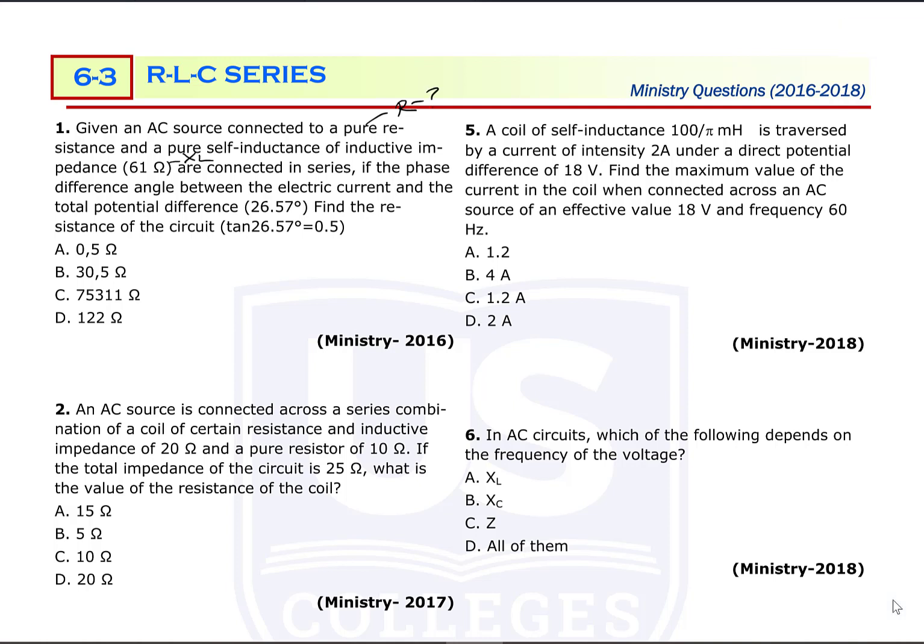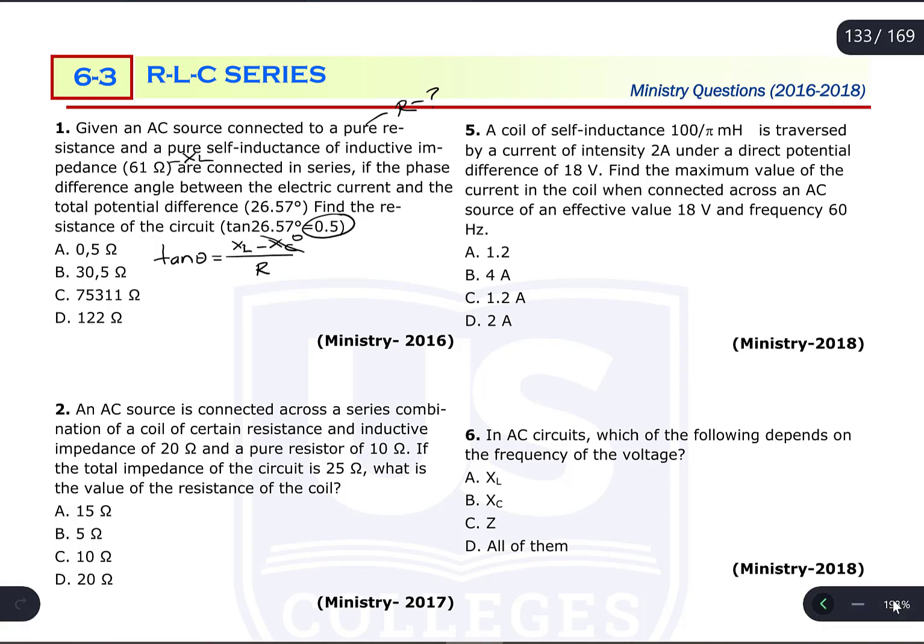So tangent theta, which is the tangent of the phase angle difference theta, is equal to XL minus XC divided by R. But in this circuit there is no capacitor. XC is going to be 0. So directly we can write tangent theta in here.